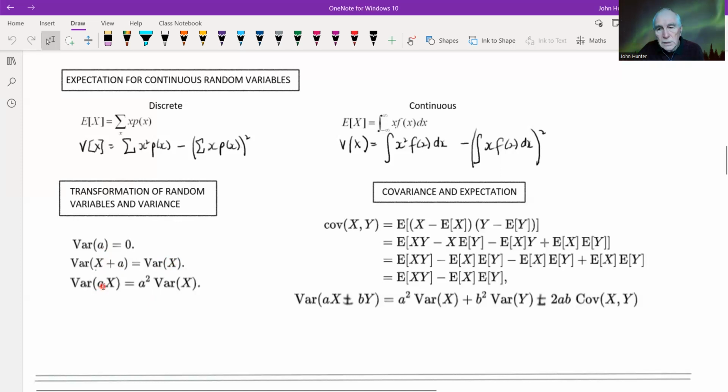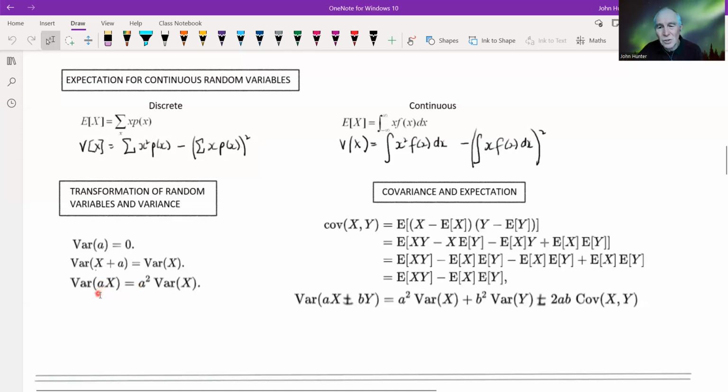However, if we stretch it, say we've got a random variable, say the dice example, and we want to form a new random variable which is 10 times the value on the dice, so we've got this new random variable ax, we could call it y.